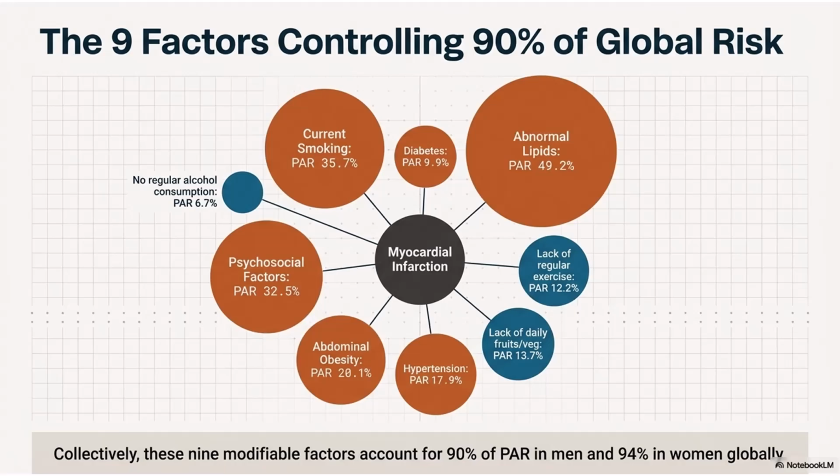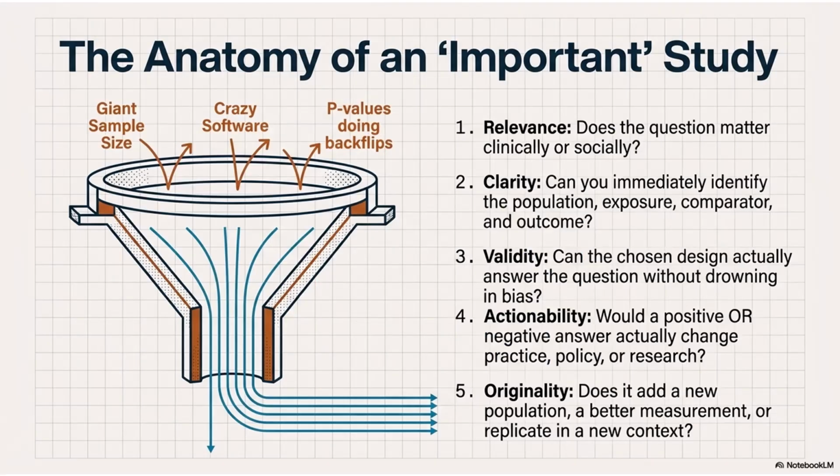Okay, now let's talk a bit about importance, because I think that beginners often think an important study is one with a giant sample size, crazy software, 10 subgroup analyses, and a p-value doing backflips.